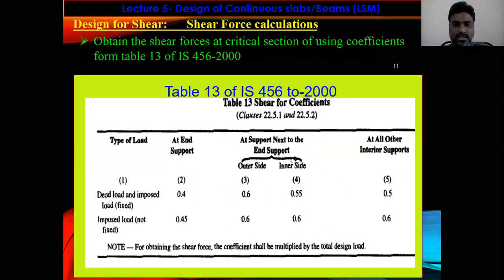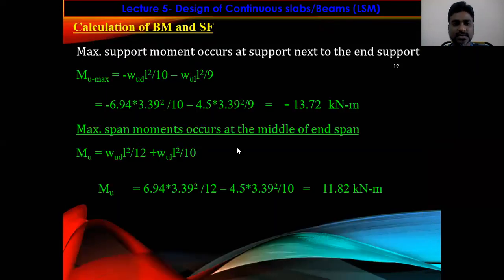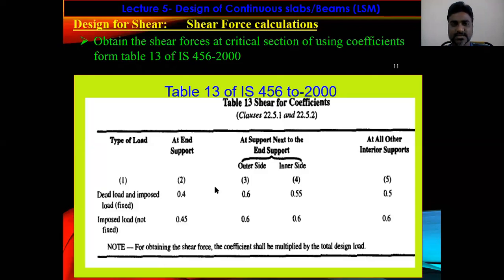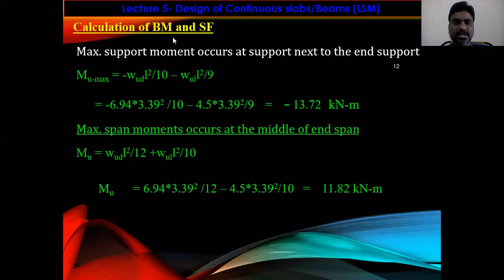These are the shear force coefficients; we'll discuss them when we check for shear force. Out of these, the maximum is also needed to check the depth, which should be checked corresponding to the maximum. The maximum occurs at the support next to the end support, that is Mu max, the negative bending moment.